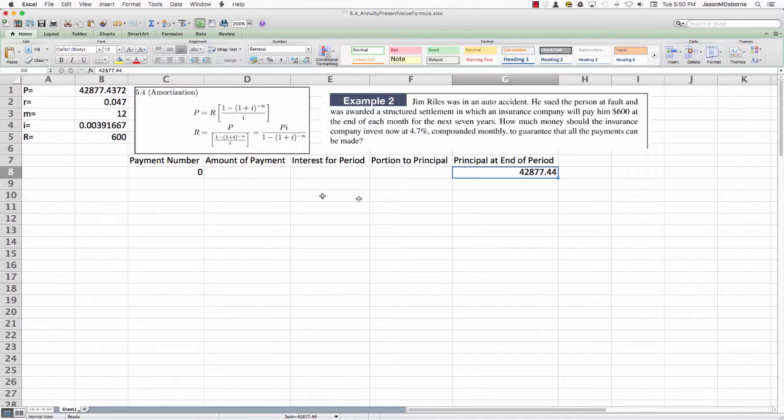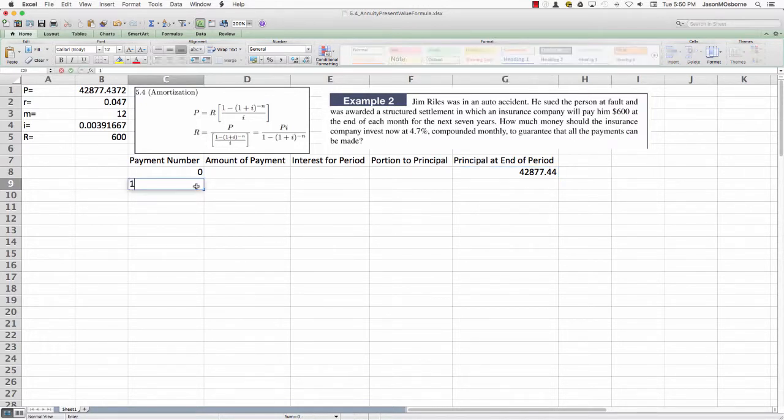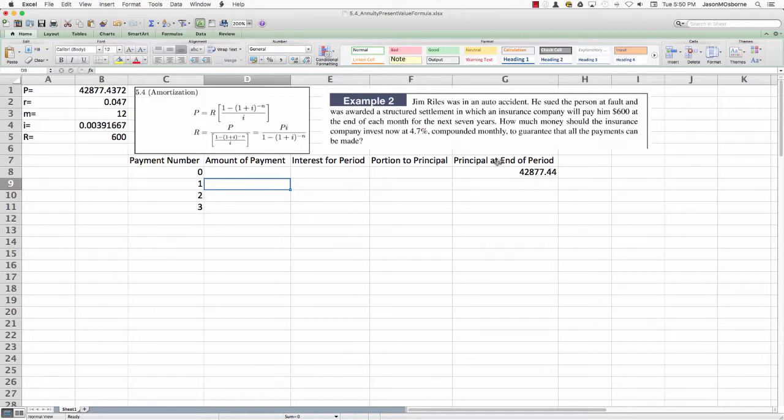Let's look and see, for instructional purposes, how this plays out over time. If you want to see how this plays out over time, that's called an amortization table. We can play this out over 1, 2, 3 payments perhaps. So after the first payment, this is the amount of money that the insurance company has set aside.